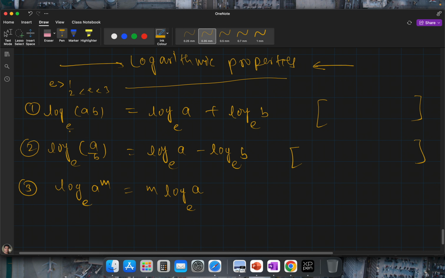But here there is a restriction. That restriction is a and b should always be positive numbers, and also a, b cannot be equal to 0. So this is the restriction. Which means that a and b both have to be positive numbers, and also a and b cannot be equal to, not 1, here 0.